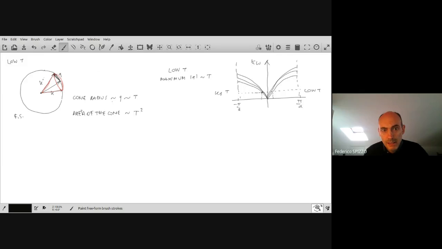So the equivalent of the area of the cone that we have in this situation does not depend on the temperature. In that case, the equivalent of that was a temperature-independent term. The only term that was depending on temperature was the number of electrons.